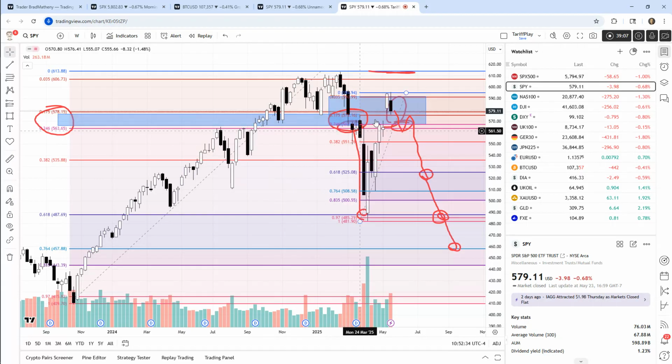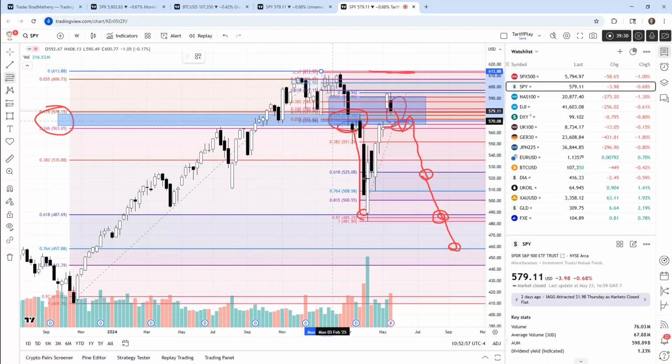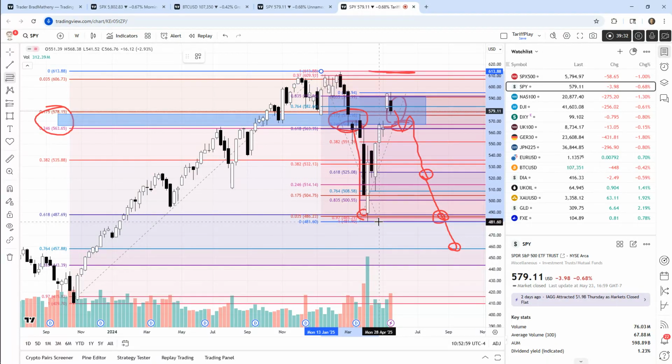All we need is a little bit of a rollover back down into that 566, 565 area, and then some rolling, and we can set up a nice breakdown move down here into these lows. But as we're moving through this uptrend, remember, you have that opposite trend coming from this high down to this low.